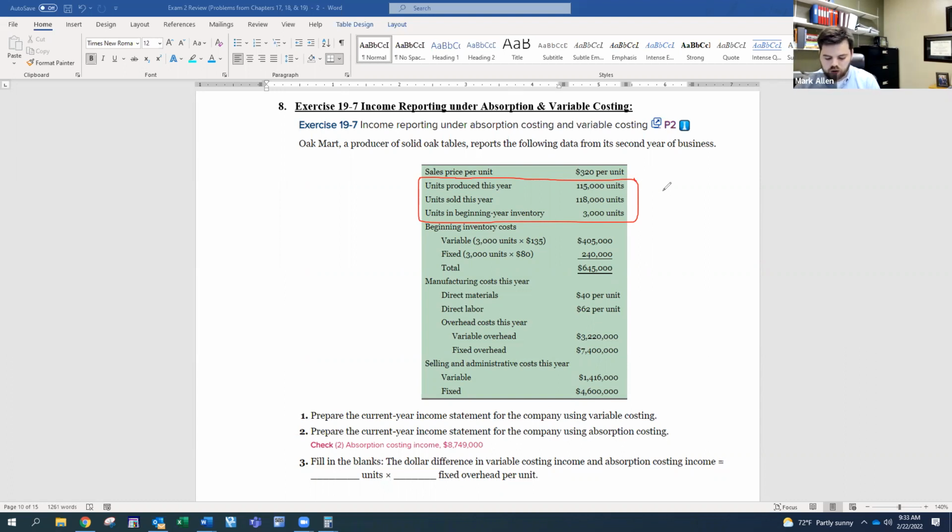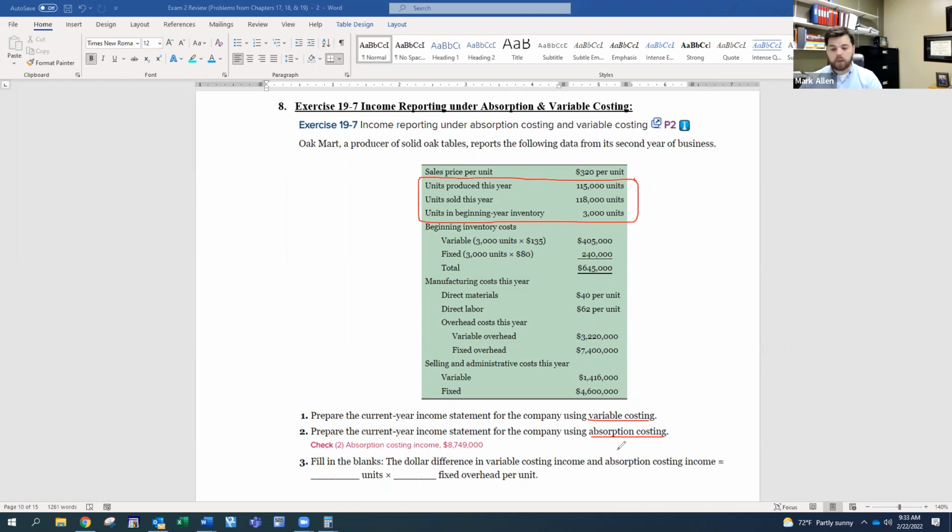So if that's the case, and it is in this case, we've got to prepare, notice first the variable costing, then the absorption costing. So I changed the order on you. That's okay.